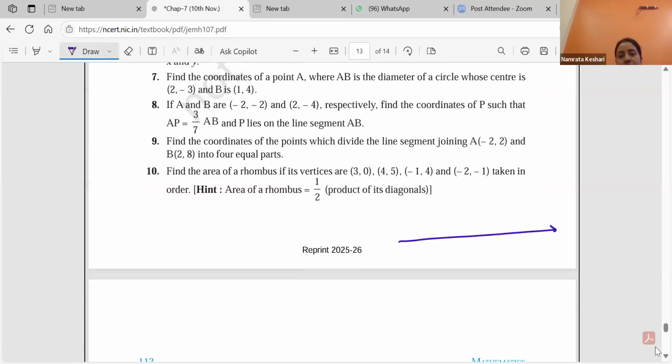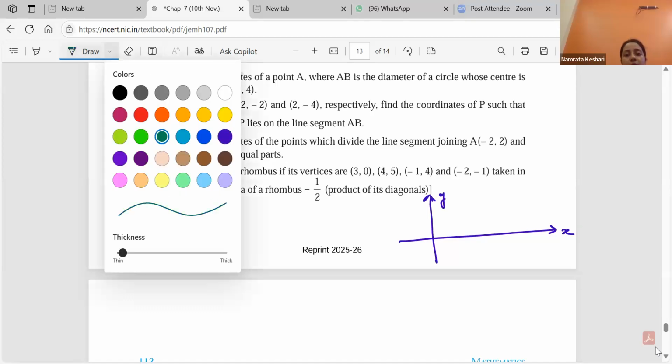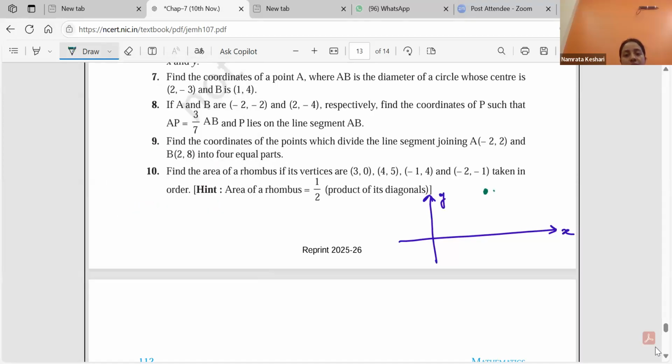This is our x-axis, this is our y-axis, and the line segment joining A and B. Somewhere maybe A is there, somewhere maybe B is there. When we join A and B, the x-axis is dividing it. That means there is a point sitting on the x-axis that is dividing it.